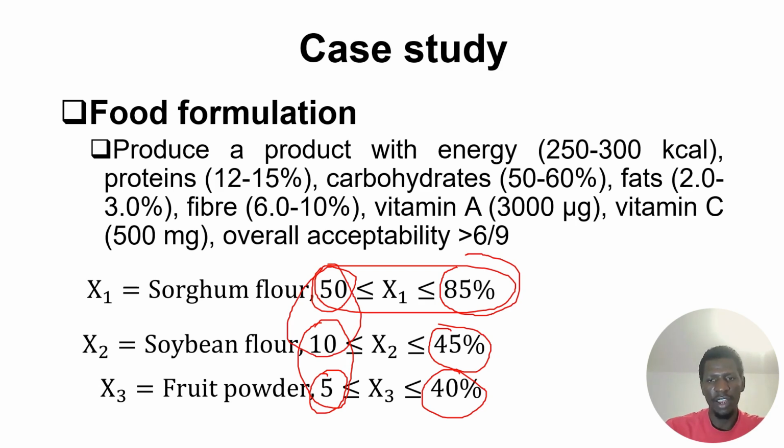So this satisfies the 2 basic constraints of our mixture experiments, which say that x must be greater than or equal to 0, and the summation of x_i must always be equal to 100%. So each time you set your limits, make sure you check and see if they satisfy these 2 conditions.